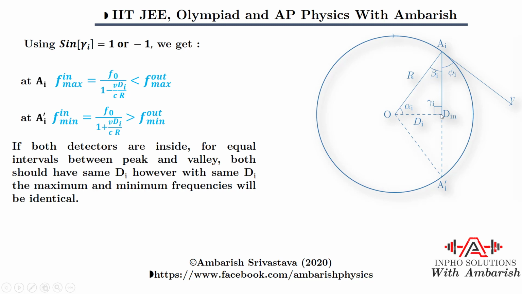So if both detectors are inside, both have to be at a distance of DI. But if both are at a distance of DI, then maximum and minimum frequency for both the detectors will be same, which is not the case. That's why both detectors cannot simultaneously be inside. So the only case that is left out is what?